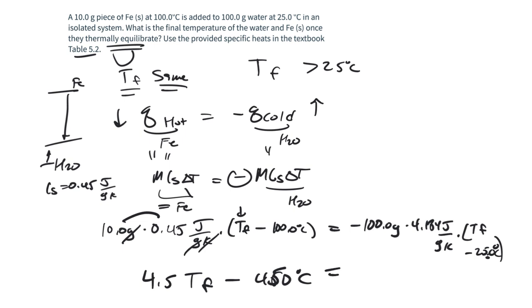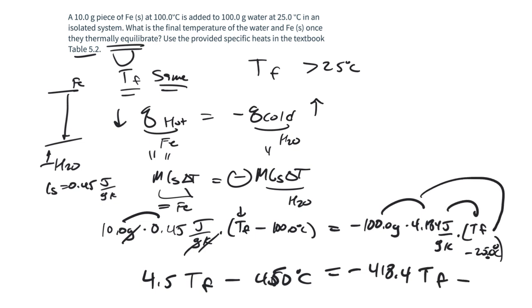And so then 100 times 4.184 is 418.4. So I'm going to have negative 418.4 times TF. Then I have to factor that into times negative 25 degrees C. So negative 418.4 times negative 25 is 10,460.